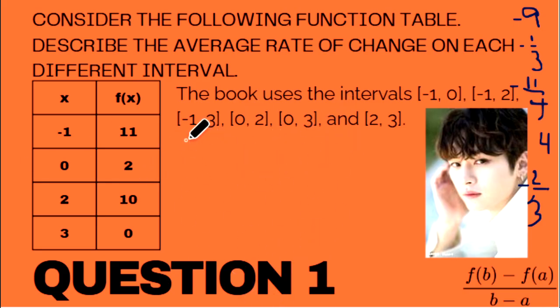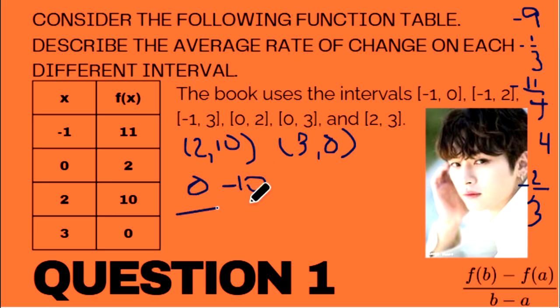And our last one is 2 and 10. I'm pulling these numbers from this table over here based on these x values. And 3 and 0. So we have 0 minus 10 over 3 minus 2, which gives us negative 10 over 1, which gives us negative 10.